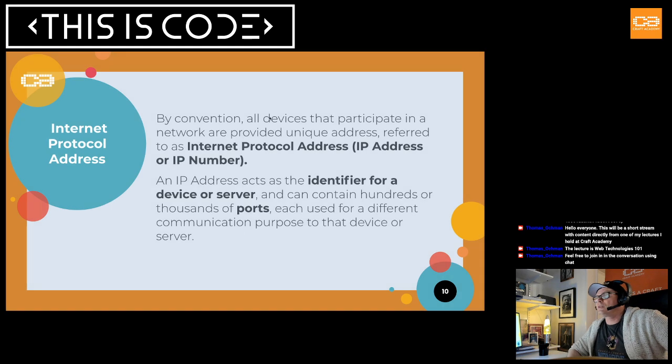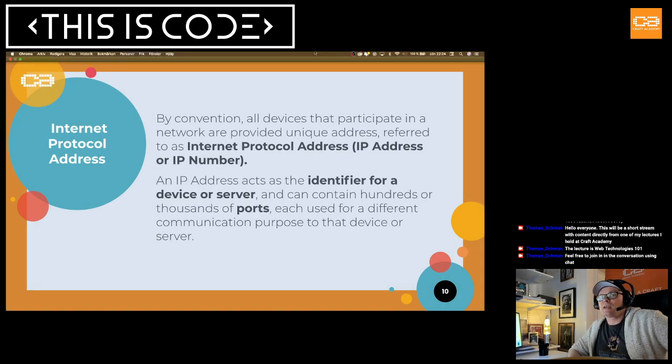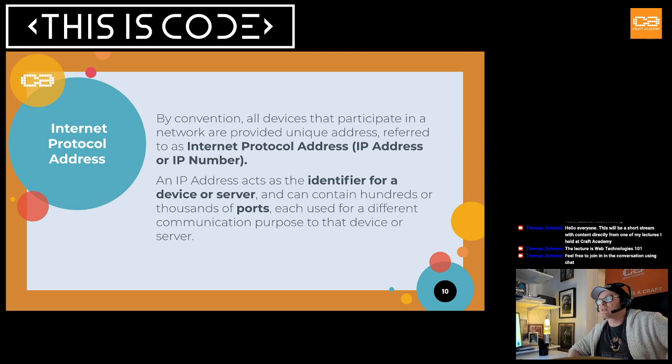Now, if we take a look at Internet Protocol addresses, which is also an important topic, you could say that by convention, all devices that take part in a network need to be somehow identified, and they are provided unique addresses, right?